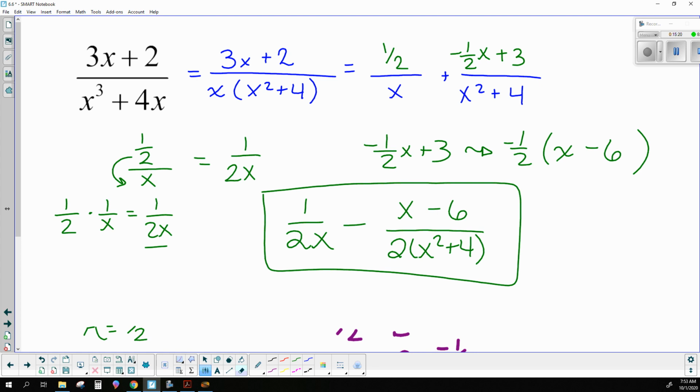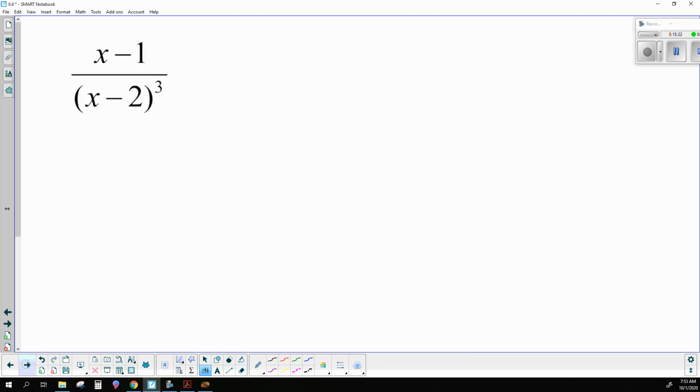Okay, I'm going to do one more example, again, because the structure ends up being a little different. So in this example, we notice we have a tripled quantity on the bottom, right? We have x minus 2 to the third power.